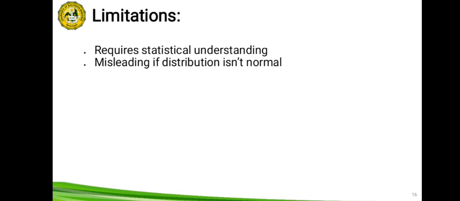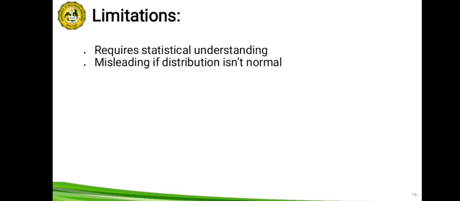For example, saying a z-score of positive 1.5 means 1.5 standard deviations above the mean. So it is confusing if someone doesn't know what a standard deviation is. Without the knowledge, people might not understand how good or bad the score really is.